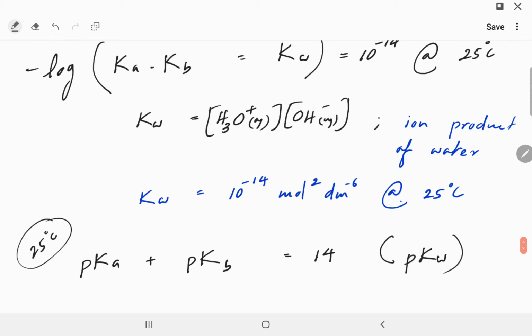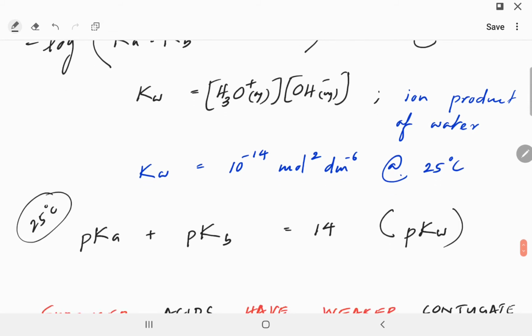So according to this equation, the sum of pKa and pKb is a constant at constant temperature.